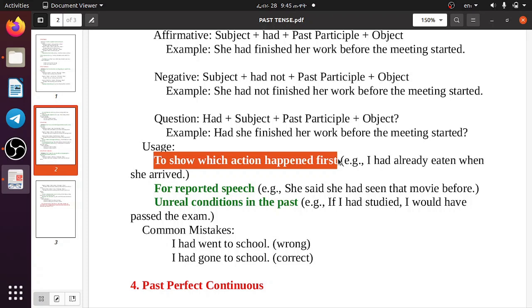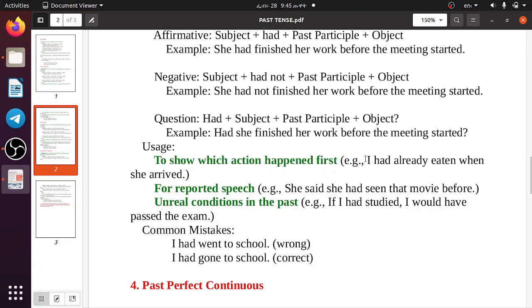For example, I had already eaten when she arrived. First, I had already eaten. This action happened first.